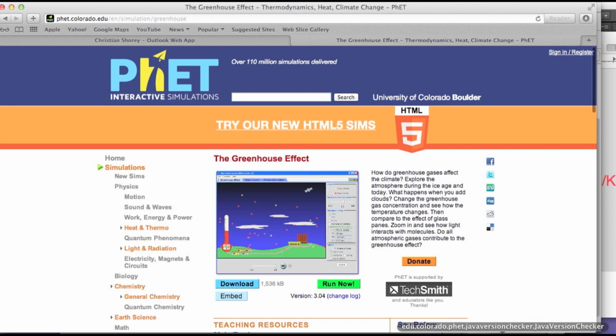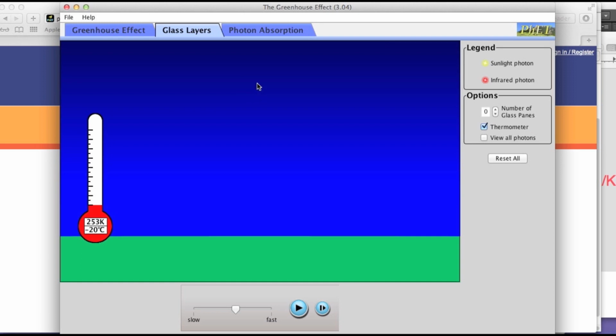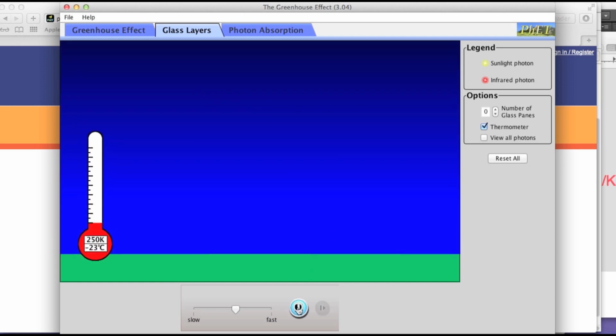I've already downloaded it, so we'll take a look over here at initially the glass layers model they have, in which you can take a look at the solar output, which is maximally in the visible, as we said, so they're representing those with yellow little dots of photons coming down that get absorbed into the surface of the Earth. The Earth heats to 15 degrees Celsius, or 288.15 Kelvin.